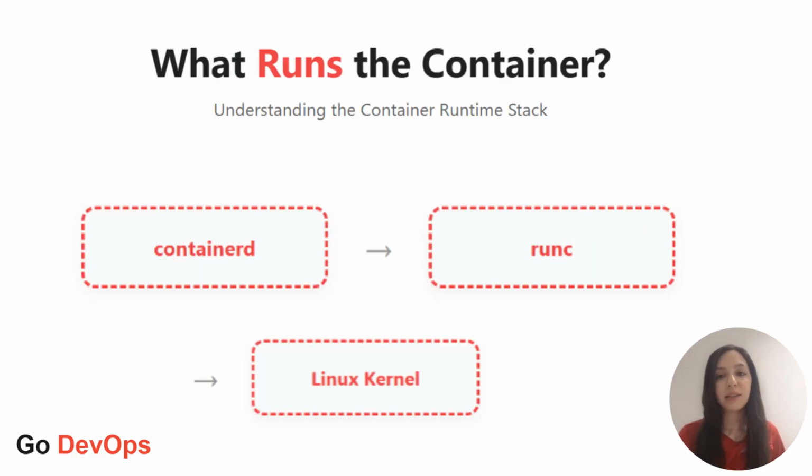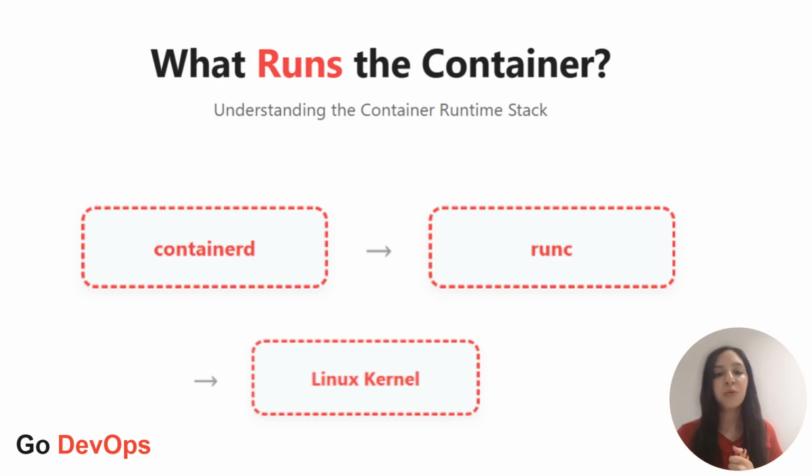So now let's take a look at what actually runs a container. It's the container runtime. When you launch a container using a tool like Docker, for example, Docker doesn't directly run the container itself. Instead, it hands that job off to a runtime layer beneath it.